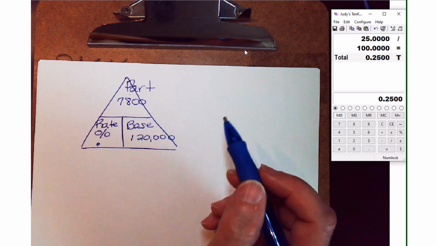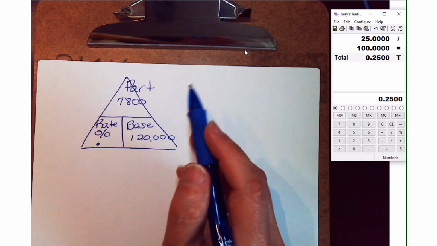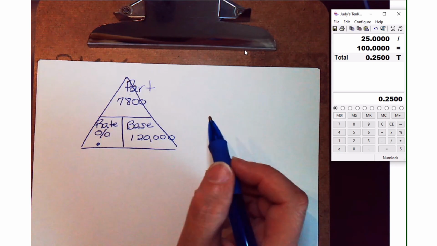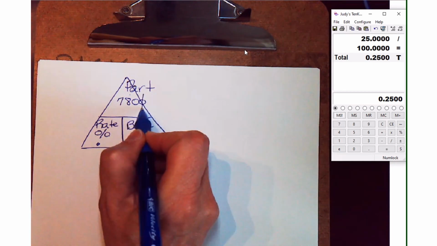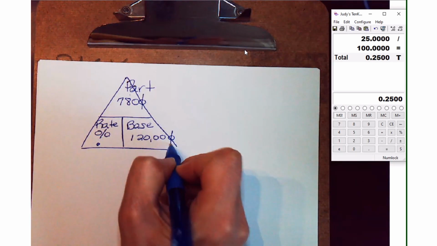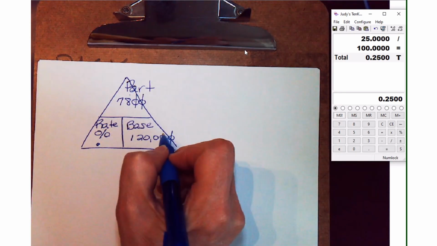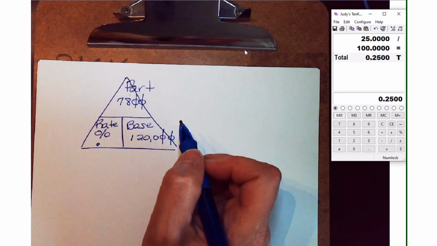So our fraction is 7,800 over 120,000. For every zero on top, I can get rid of a zero on the bottom. That's just dividing.